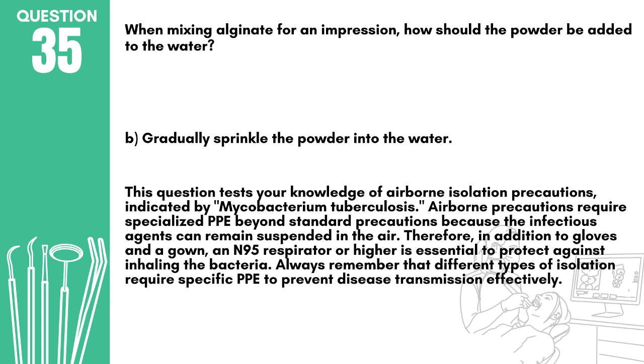This technique allows the powder to become fully saturated and reduces the formation of air bubbles or dry spots, which can lead to a grainy mix and inaccurate impressions. Pouring all at once or adding water to powder can result in lumps. For example, while stirring the water in the mixing bowl, slowly sift in the powder until it's all incorporated before vigorously spatulating. Remember, a smooth mix starts with how you add the powder to the water.